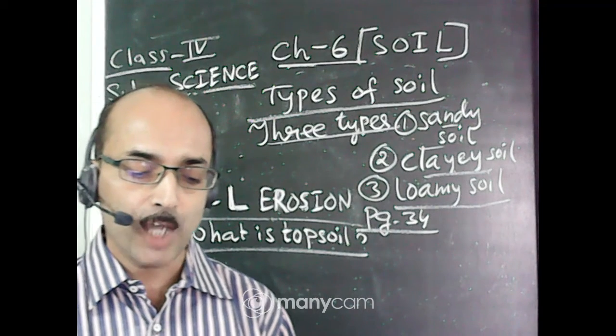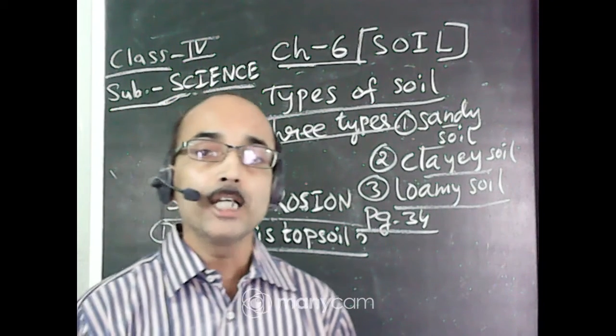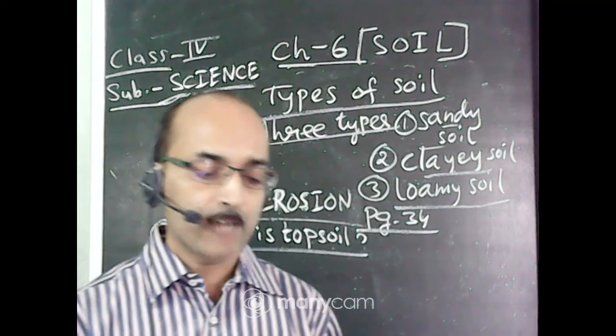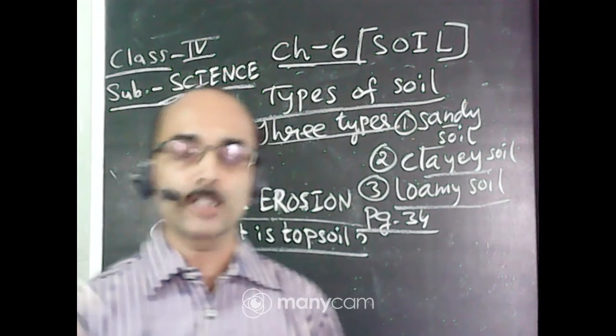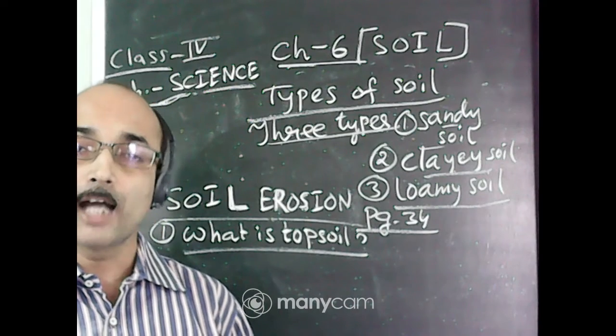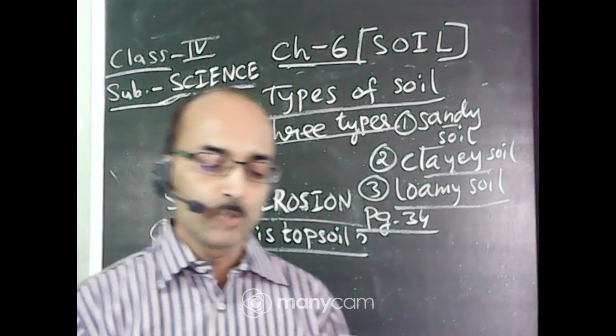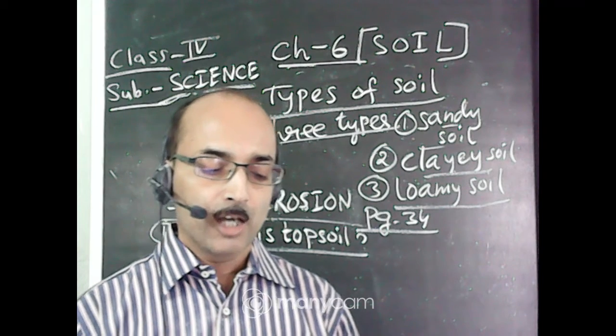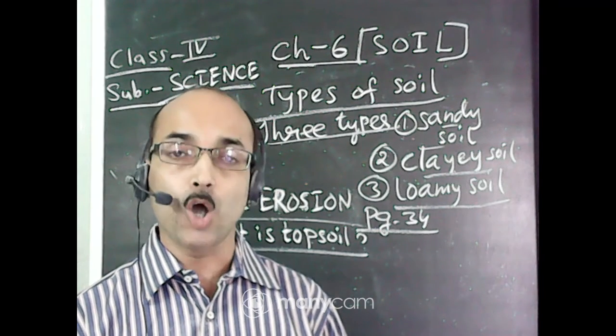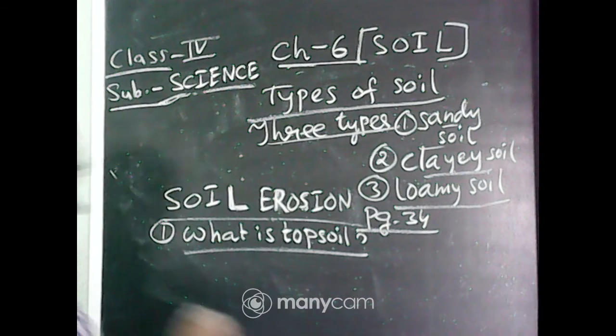Sometimes this topsoil is carried away by strong winds and running water. The removal of the fertile topsoil by the action of the wind, rain, and river water is called soil erosion.